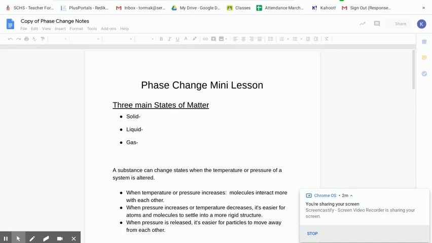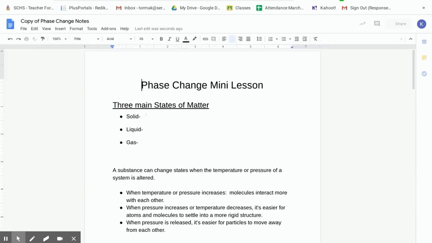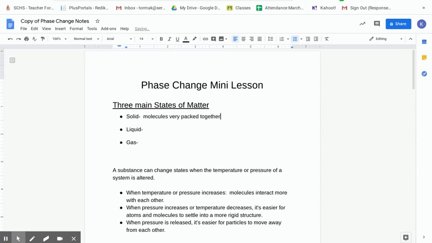So the first thing we're going to talk about are solids, liquids, and gases. And we kind of went over this at the beginning of the year, but a solid will be a type of matter that has molecules very packed together, little to no movement.